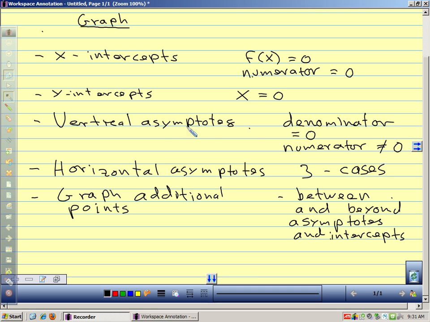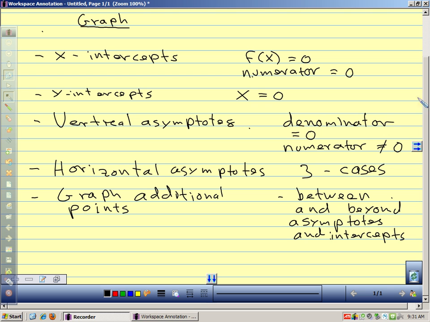And for the vertical asymptotes, we need to know if the function is undefined, if it's going down, getting really small towards negative infinity, or getting really large towards positive infinity. So that's the reason we need to graph those additional points, to figure out which direction our graph is going as we're getting close to those asymptotes.